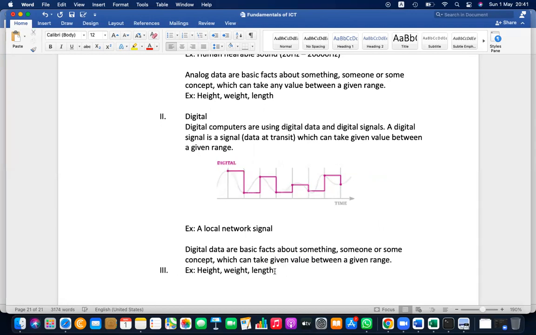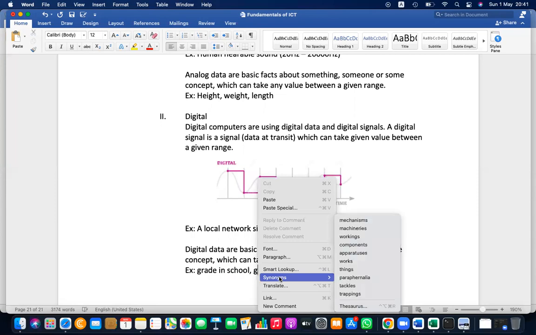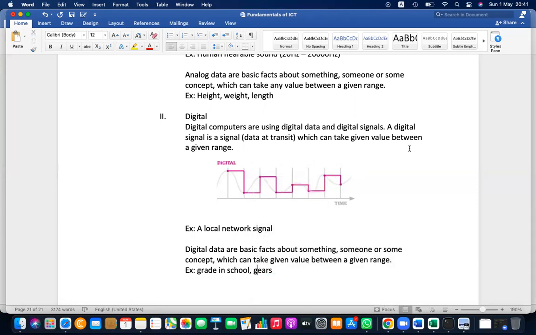Example, you can say your grade. It can be grade 1, grade 2, but not any value. Another example, only given values: gears. You have gear 1, gear 2, gear 3, 4, 5, but not gear 10, 11. You don't have such a thing.